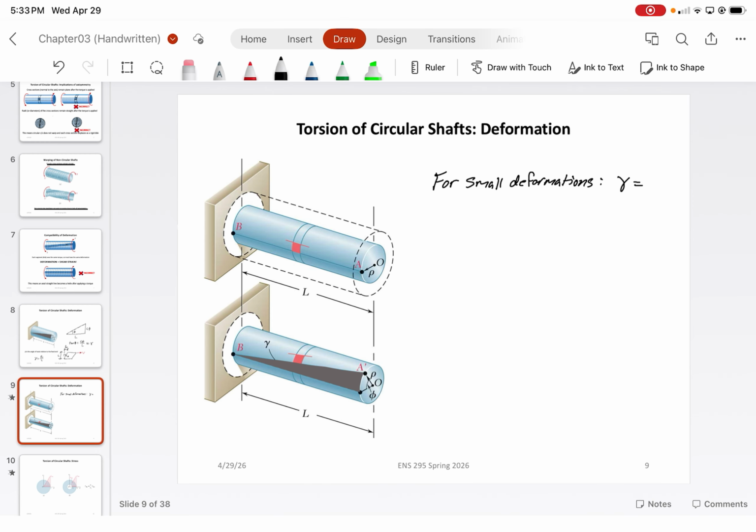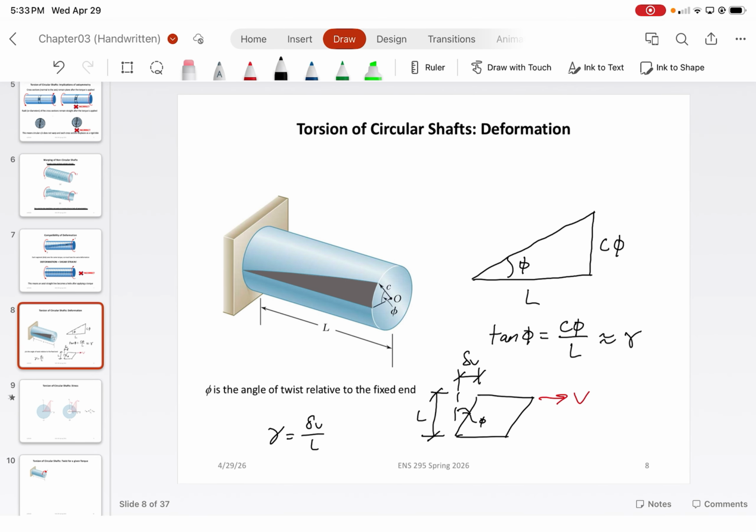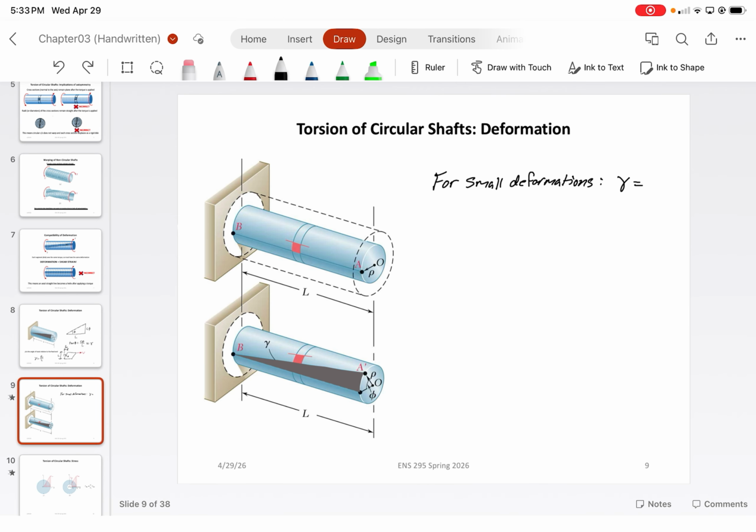So if we were considering any radial position, the only thing that would change in that triangle is the radial position, which allows us to write the shear strain as just rho phi over L. So instead of rho being equal to c, we can now generalize it to any radial position that we're interested in. What you should notice is that the shear strain is a linear function of radial position.